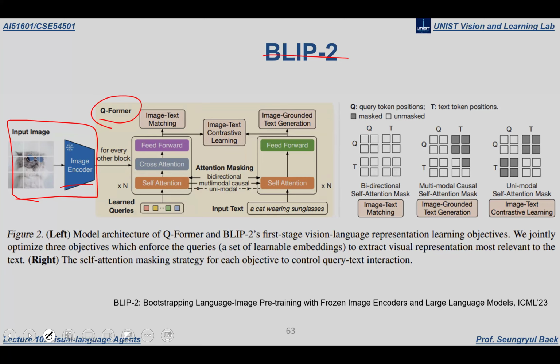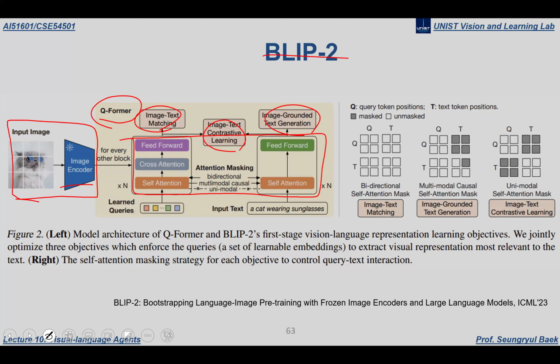In the Q-Former, they have two transformers. The left one is the vision transformer, the right one is the text transformer. Similar to BLIP version 1, they apply three loss functions: the image text matching loss, image text contrastive learning loss, and image grounded text generation loss.